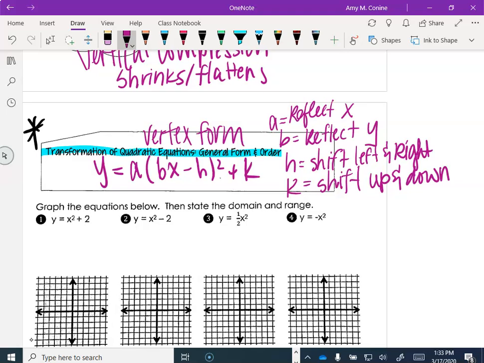So this is the standard, the minus will be in there all the time. And your vertical compression and your stretch, I'm sorry, I lost my train of thought, will be with this a in here, I believe. It's the a with the a and the b.